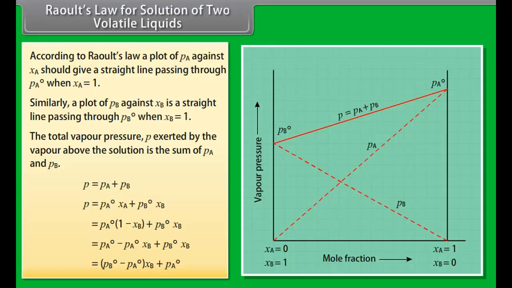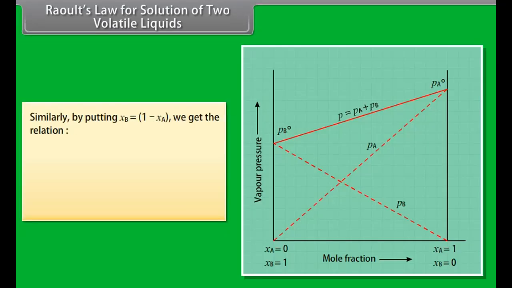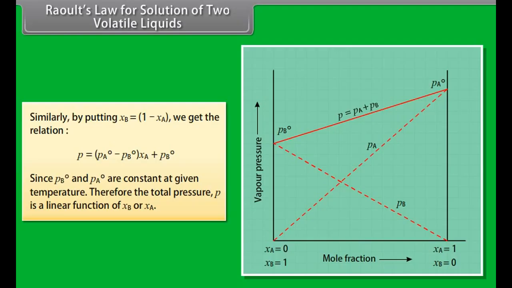Similarly, by putting XB = 1 − XA, we get the relation P = (PA⁰ − PB⁰) × XA + PB⁰. Since PB⁰ and PA⁰ are constant at given temperature, therefore, the total pressure P is a linear function of XB or XA. Ideal solutions.